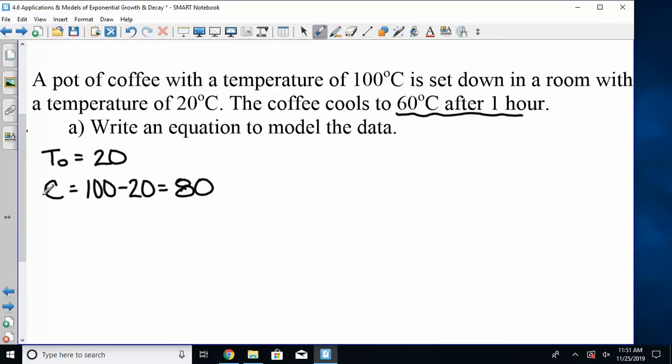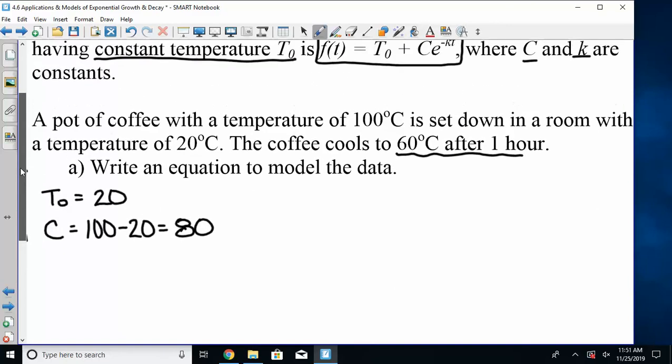You just have to let me know which one you're setting up your equation as. We will get a different constant value if we're doing it in minutes versus hours. On part B, if I write my equation in terms of hours, I'd have to plug in 1/2, or if I did it in terms of minutes, I'd have to plug in 30. So you have to know what your units are. Do you guys want to do this in hours or minutes?